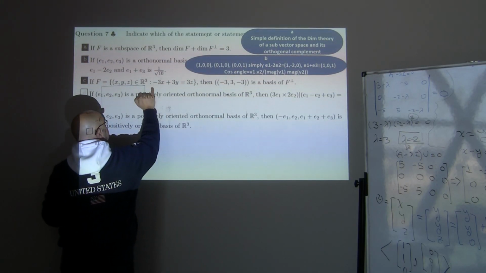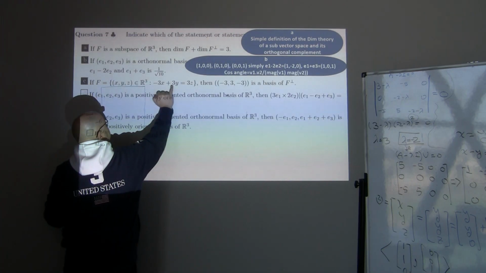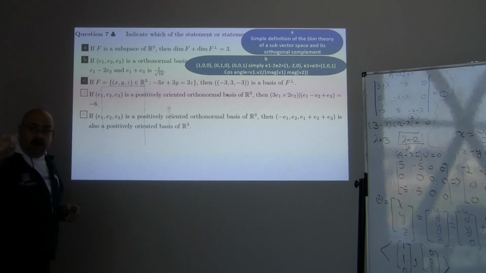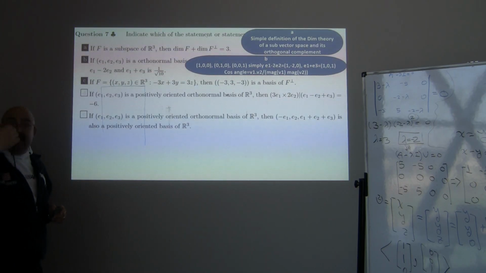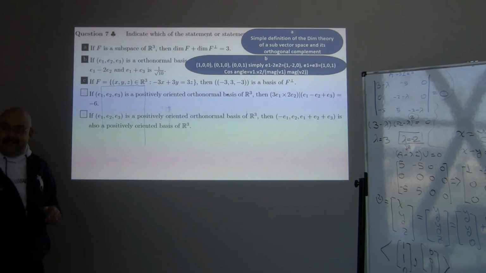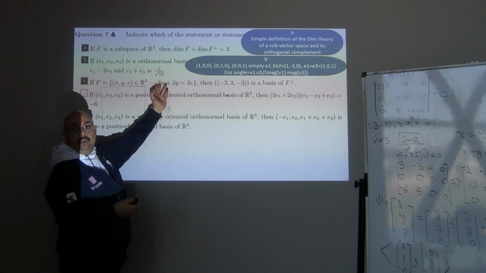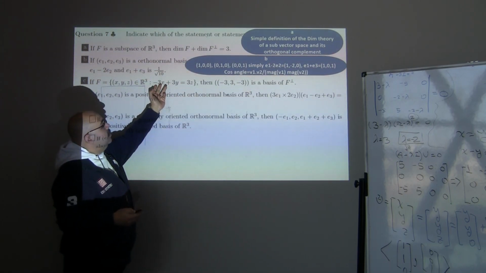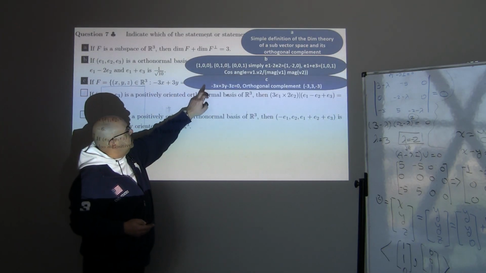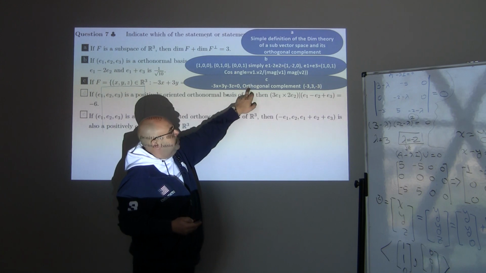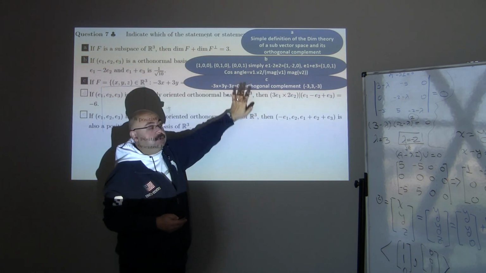So it's going to be negative 3x plus 3y minus 3z. The coefficients, the coordinates, are the basis of the orthogonal complement. So it's going to be negative 3, positive 3, and negative 3, with the expression equal to 0. So directly it is correct. It's fitting here: negative 3x plus 3y minus 3z equals 0. So the orthogonal complement is correct. So this one is correct.